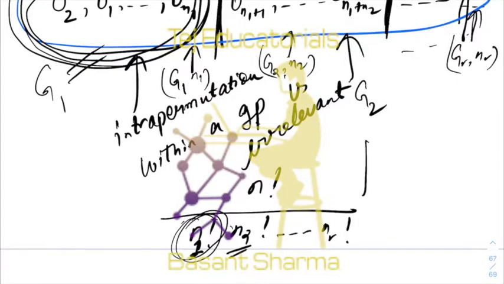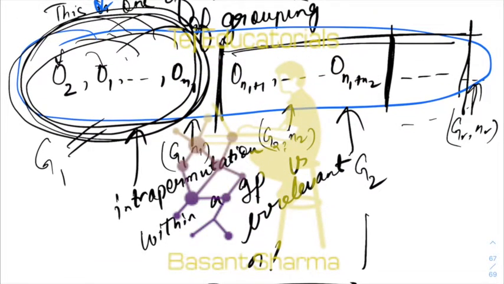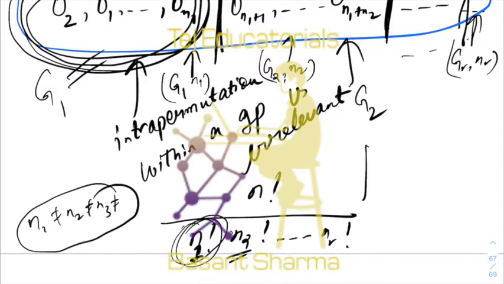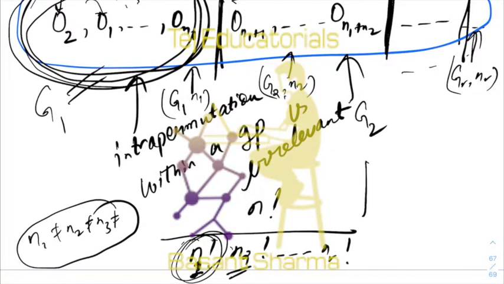Okay, now after that, see, that's why we said that n1 is not equal to n2 is not equal to n3. This is an important assumption. We will take the case when two group sizes are the same, where we have to do some additional work as well. We will come to that in the next topic. But for now, we are assuming that the group sizes are different.